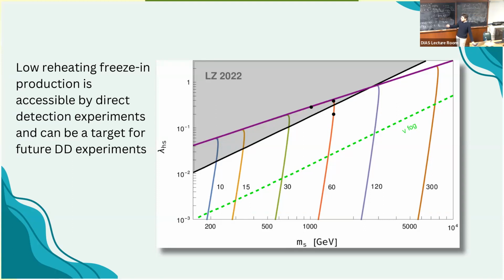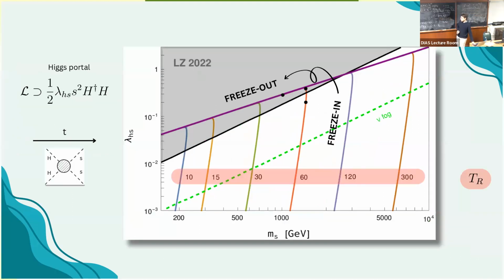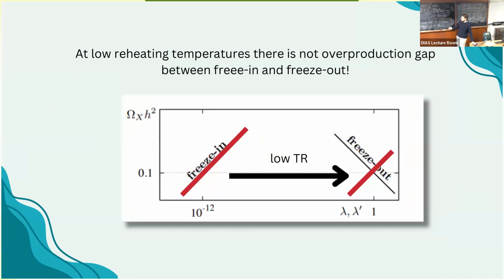And also we can open up parameter space in the lower part here where no WIMP dark matter model can go. So it can be a future target for direct detection experiments. And moreover, we can now move continuously from a freeze-in production to a freeze-out production.